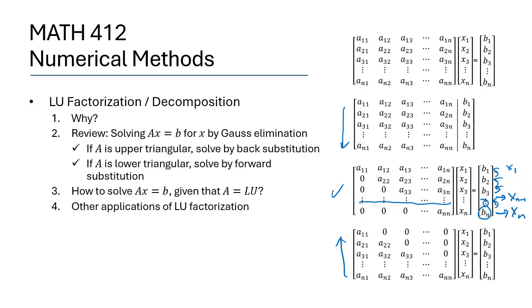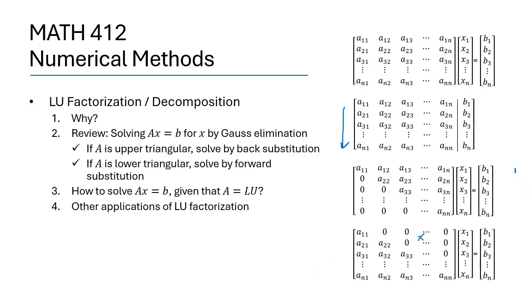As in Gauss elimination, we can change the system to an equivalent system like this. And this is a lower triangular matrix. Non-zero entries are in the lower triangular part, and all entries above the main diagonal are zero.